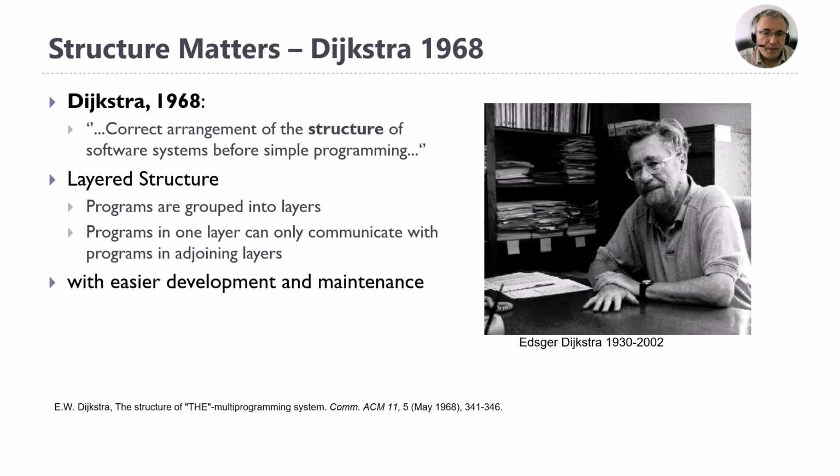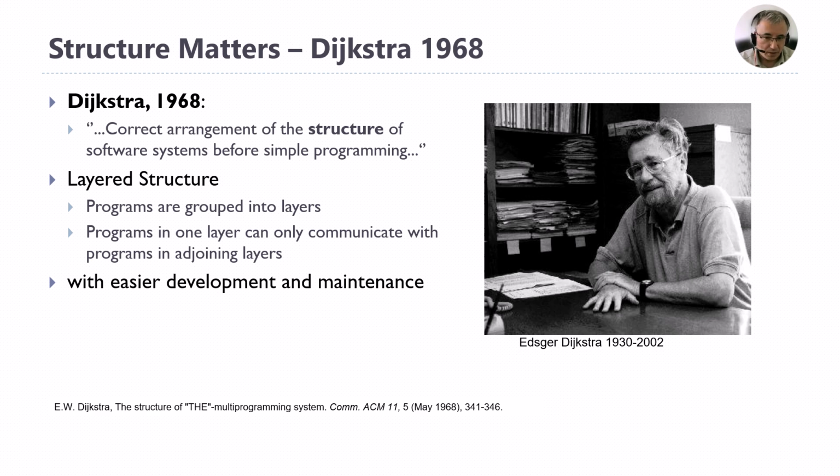Similarly, Edsger Dijkstra, a Dutch pioneer in computer science, emphasized the importance of structure in software systems. He argued that the correct arrangement of software system structure is essential before any programming begins. This concept led to the development of so-called layered architectures.